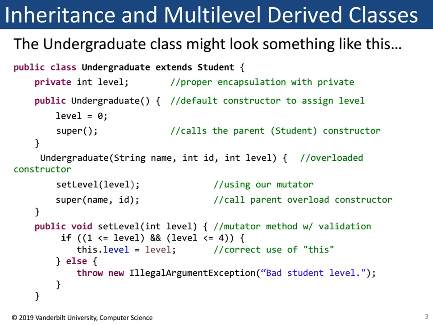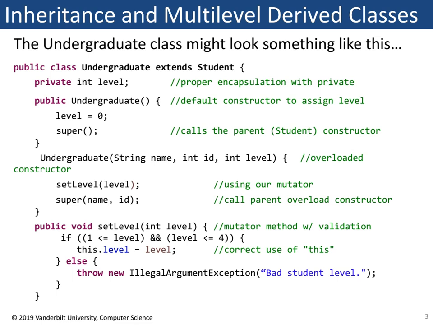So this is an overloaded constructor, which will have 3 parameters, name, ID, and level, so that we can set the level and then call the constructor, which is part of the super class, the student class, that takes 2 parameters, a name and student ID.